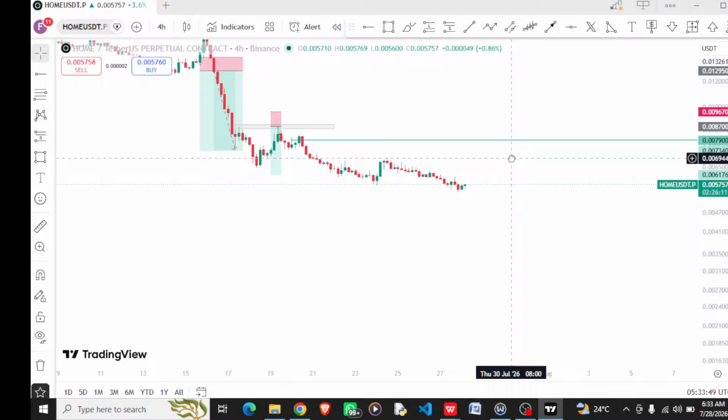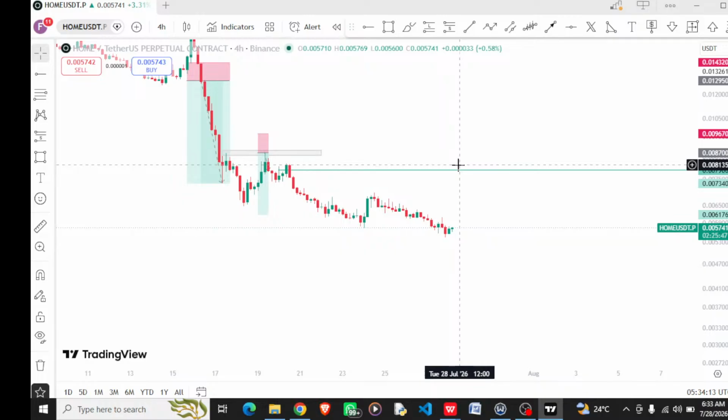On a normal note, we believe that this coin should come back to this marked area, maybe in subsequent time, but the possibility of it going back to that area is very rare because number one, this coin is dropping, it is on the sell side, and for it to go back to the normal position, like a normal token, is very hard.